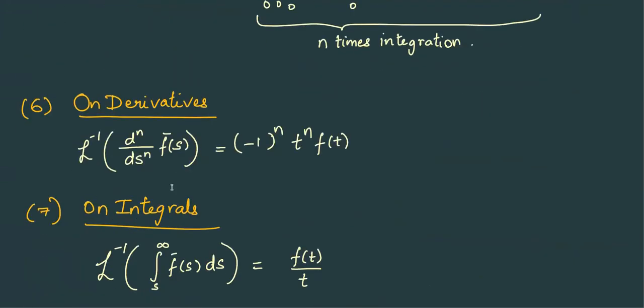Derivative of f bar of s, okay, is minus of, if Laplace inverse of f bar of s is f of t, then this is the case, minus 1 to the power n t power n f of t.